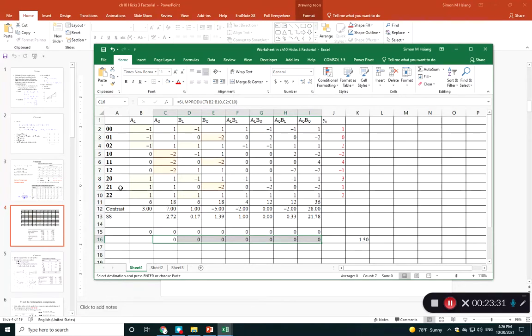And later on, when we do response surface, we will play the tricks, build a cage, put in the center points. And then at the end, we'll just stretch out a little bit and build the whole thing. Okay, next, all you need to do is the sum of squares of each one of them and the sum of this times this.